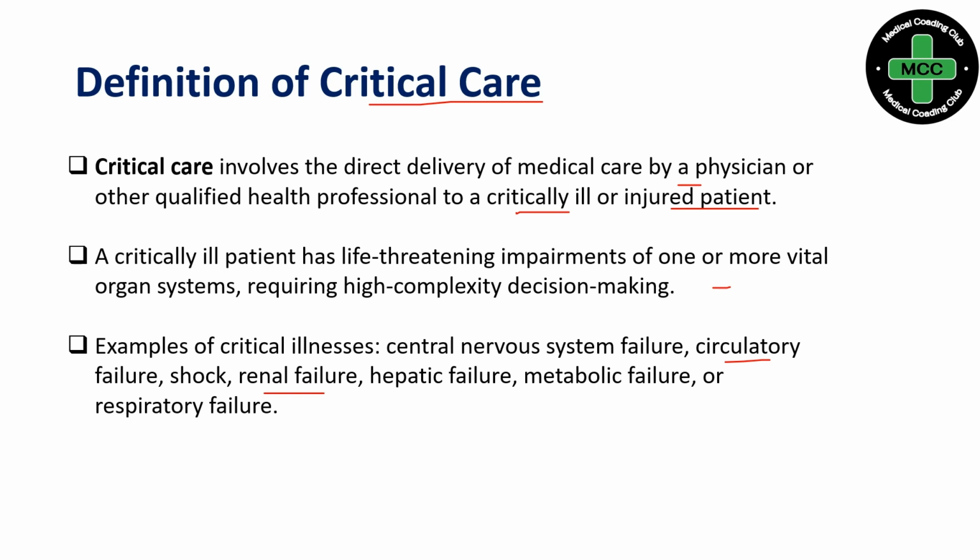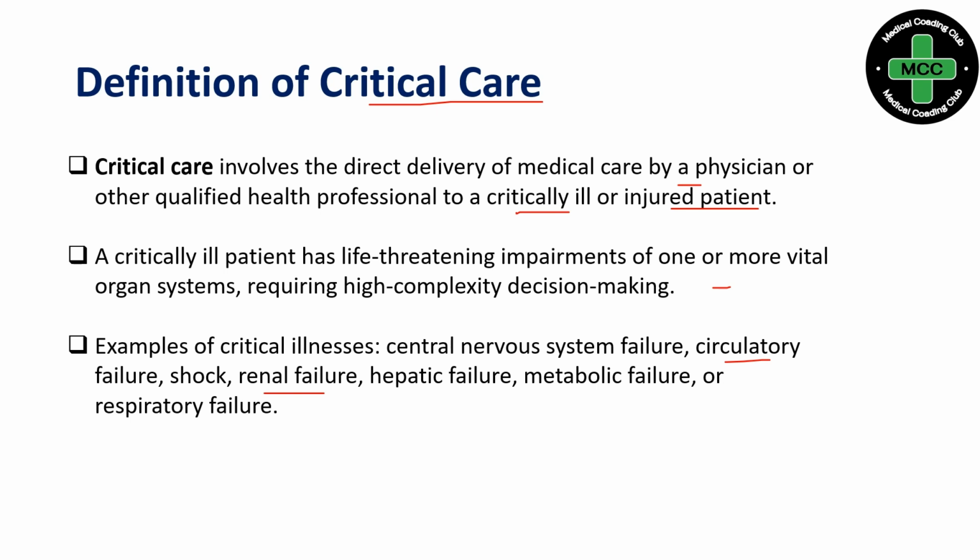So any organ dysfunction or multiple organ dysfunction will be there, or the patient will be severely injured. They need immediate critical care service, like an intensive care service. So that is what critical care means.